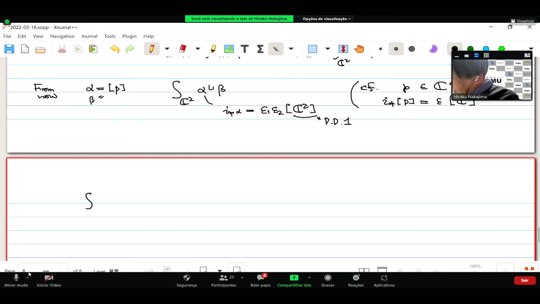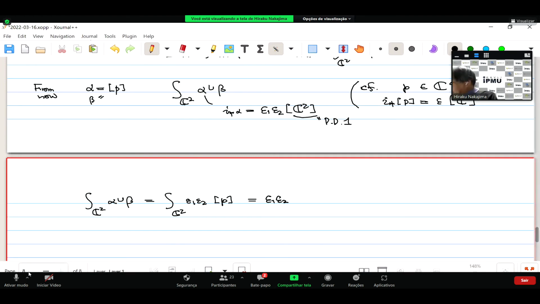So this is beta. It's C2 of epsilon 1, epsilon 2. And beta is still P, a point. So if you integrate over C2, this becomes 1, and you remain with just epsilon 1. So this is the answer.